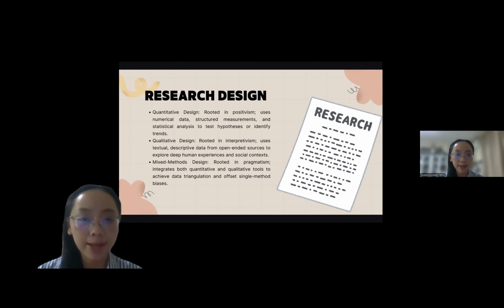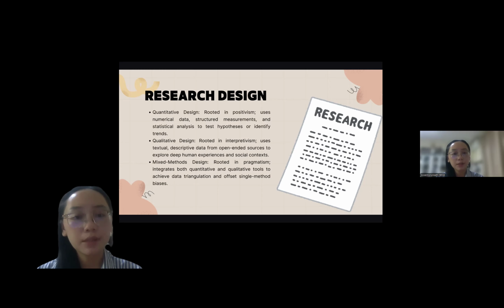Quantitative design is rooted in positivism and uses numerical data, structured measurements, and statistical analysis to test hypotheses or identify trends. It is numerically structured, and we mostly use statistical tools like SPSS to analyze it.